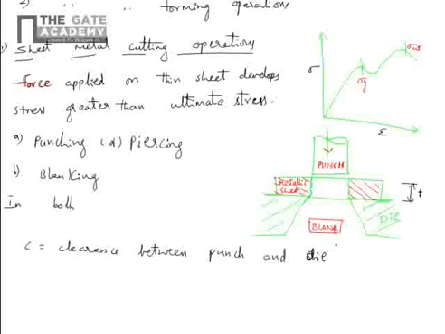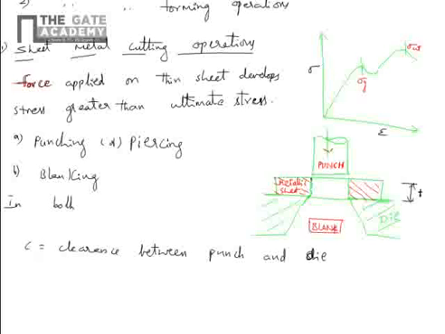It is less than 5% of the thickness. When the clearance is less than 5% or 10% of the thickness, the sheet won't form a cup. Instead, after some amount of load, the two layers parallel to the punch surface start cutting.